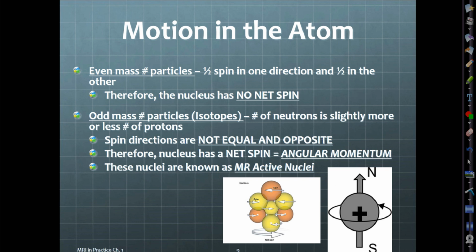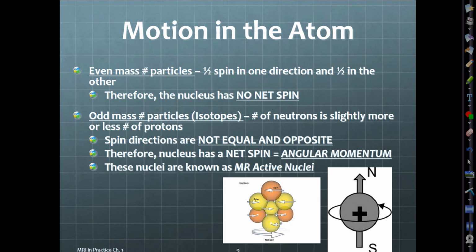So getting back to that nucleus and that motion in the nucleus. If you have an even mass number, that means you have, let's say, one proton and one neutron. Half the spin will be going in one direction from the proton, and the other half will be going the other way with the neutron. And you get cancellation of the spin, and overall no net spin, because the neutron and the proton spins cancel out.